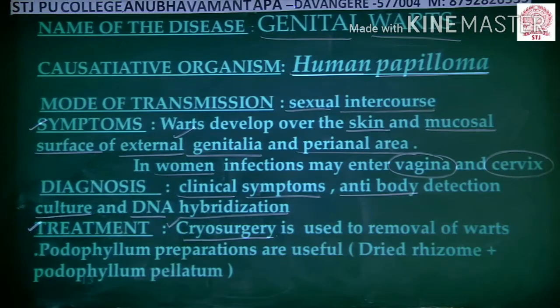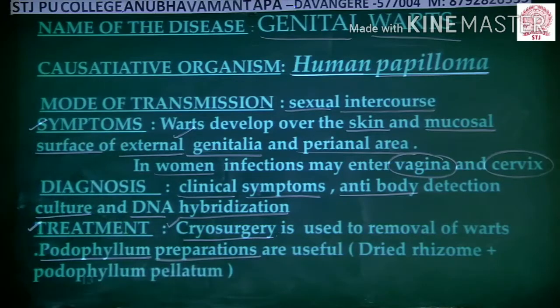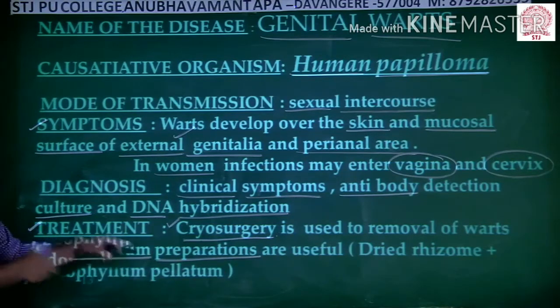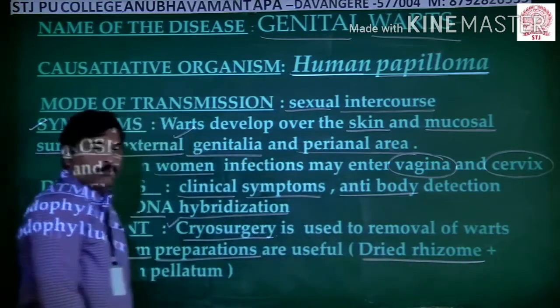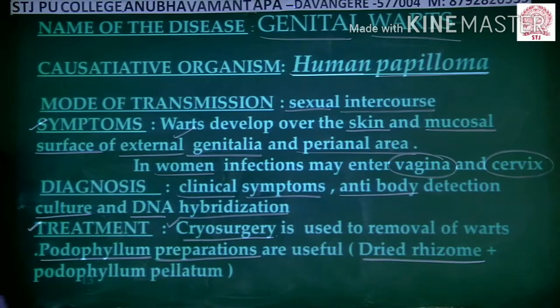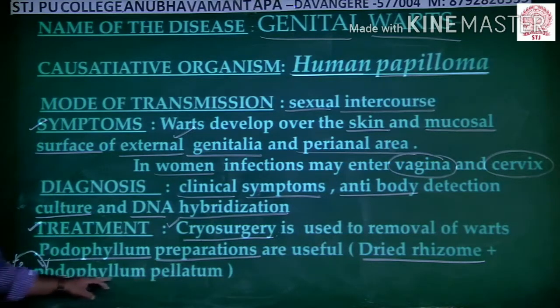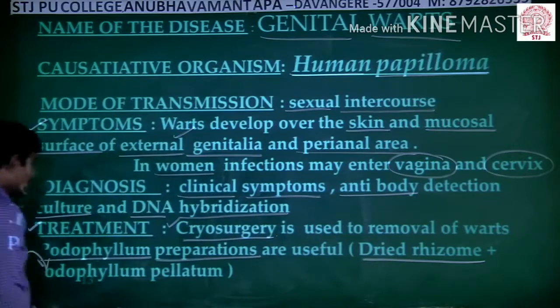Whereas the second method here is podophyllum preparation. What does it include? It is a combination of two important things: dried rhizome and the roots of a plant, Podophyllum peltatum. Podophyllum peltatum roots combined with dried rhizomes, and both together we can use as a preparation.